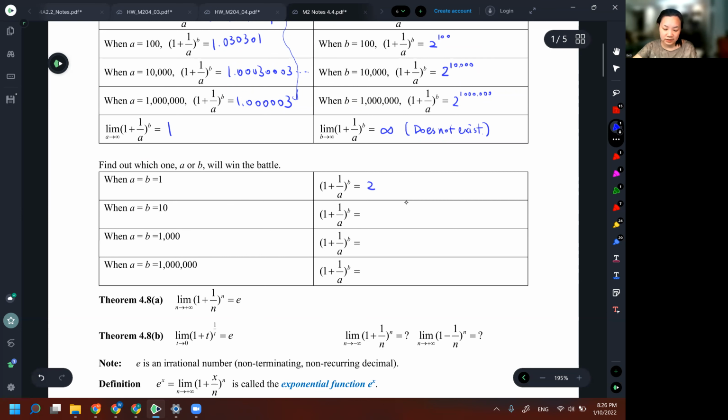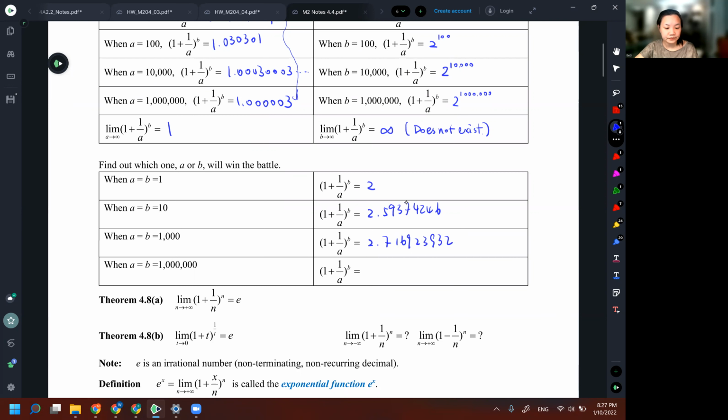For the second one is 1.1 to the power 10. It's 2.59374246. Third one is 1.001 to the power 1,000. It's 2.716923932.